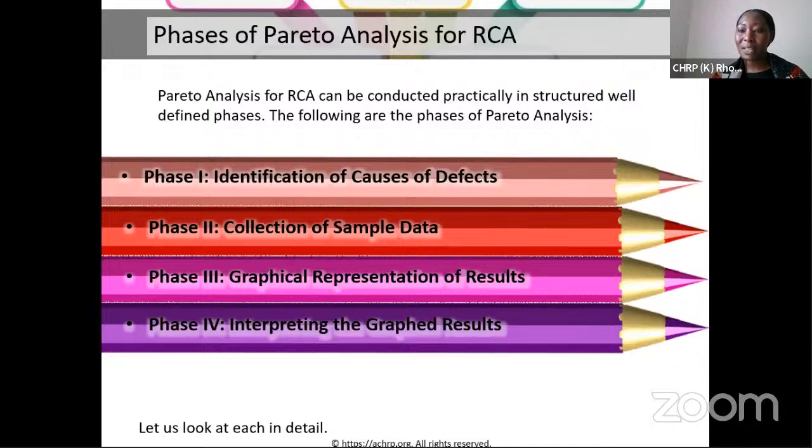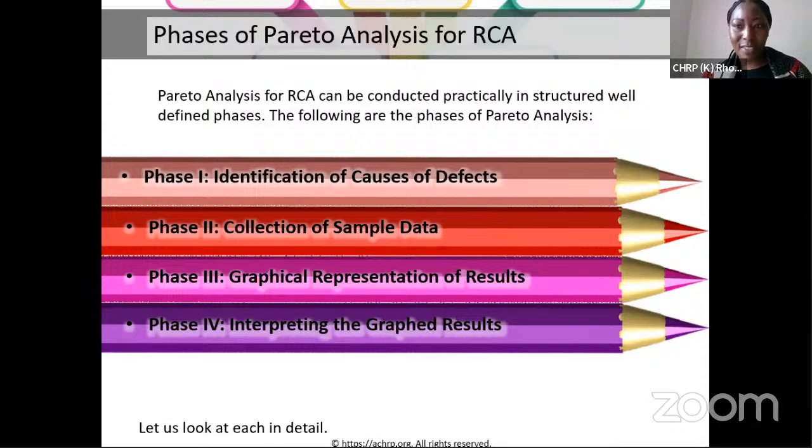Because if you pick something that is not actionable, you'll just be carrying dead weight that you cannot resolve, and you'll be coming up with solutions that you cannot implement. So you have to be very realistic, and you have to look at that result, the actionable things that you can work on. So that is the identification of the causes of the defects.